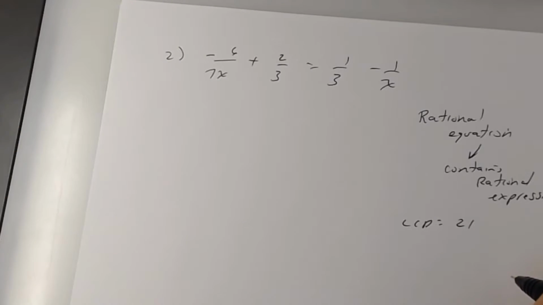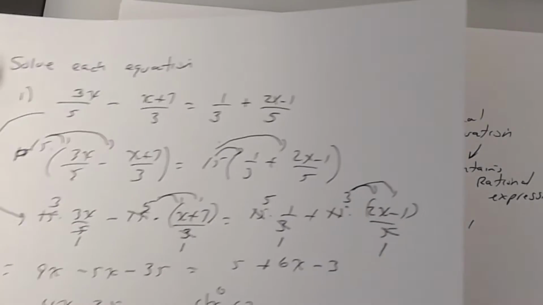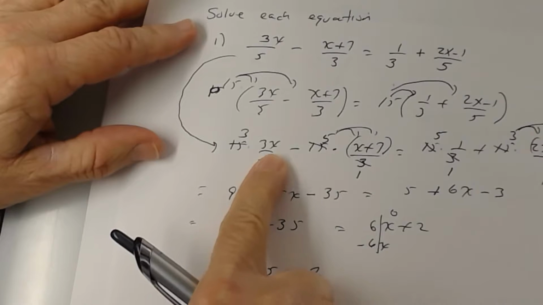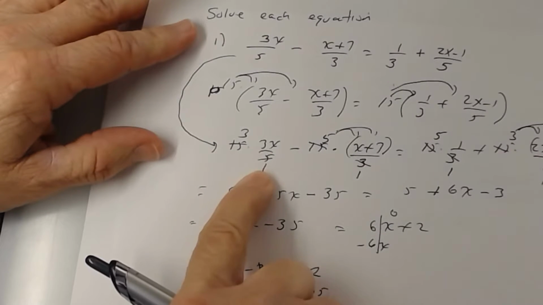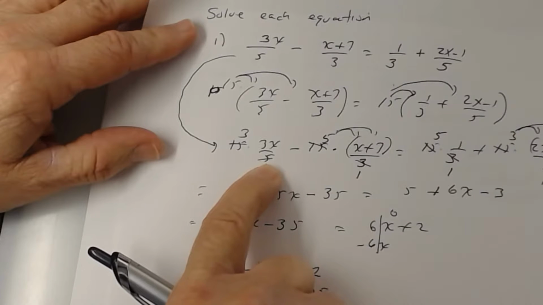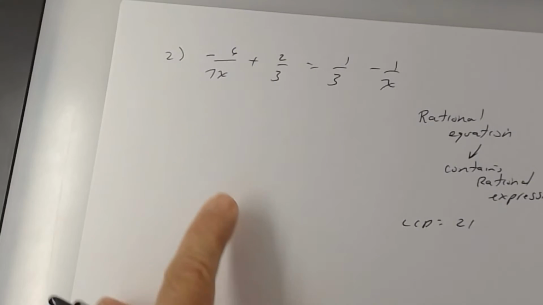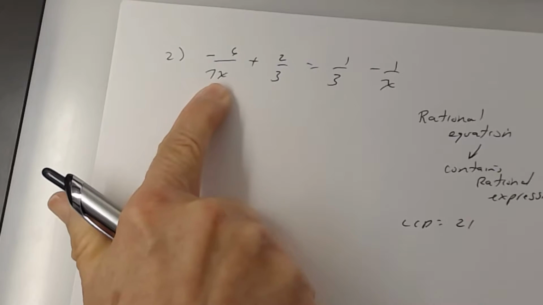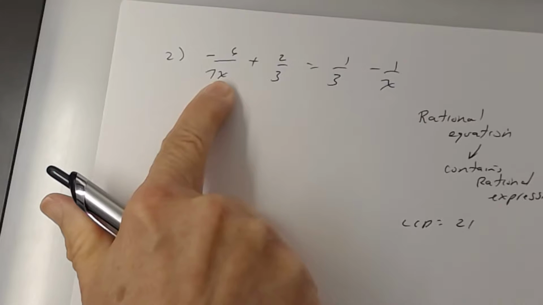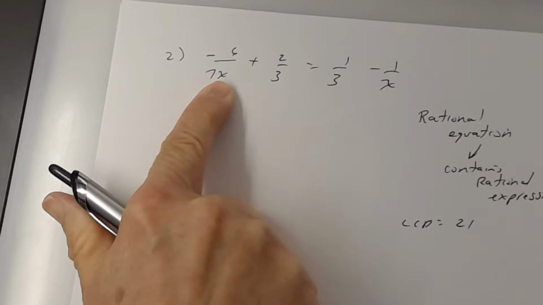Now remember, when we multiplied 3x divided by 5 by 15, the whole purpose was to get rid of that denominator, make that denominator what? 1. What else do you see in this denominator? An x. So if I want to get rid of that 7x, then my LCD has to contain an x.